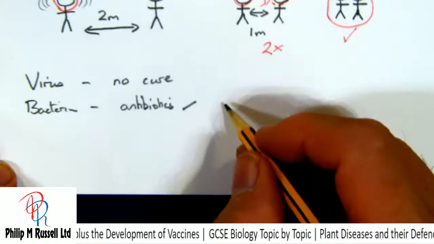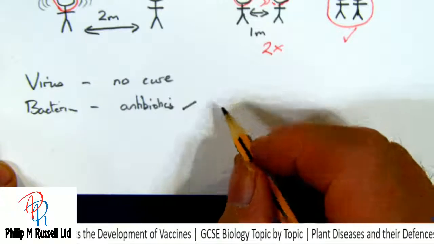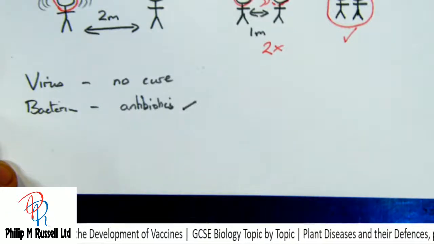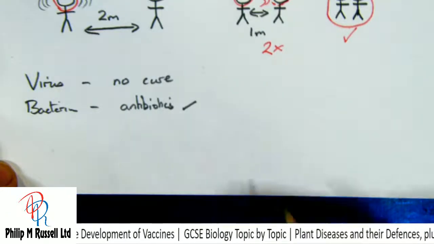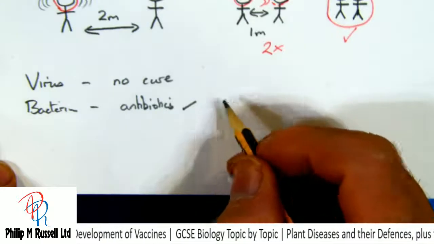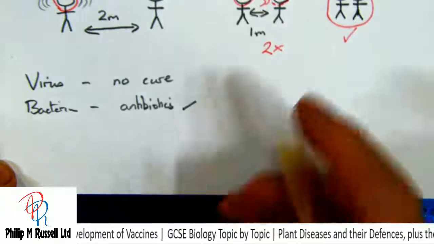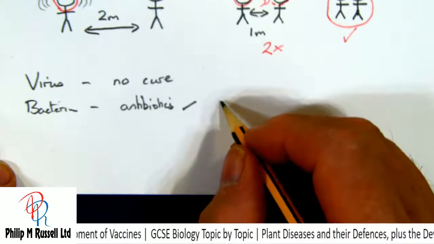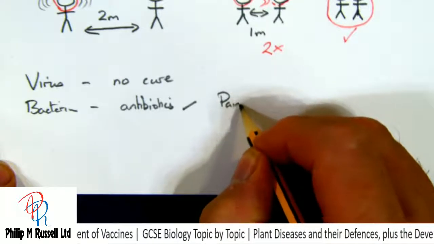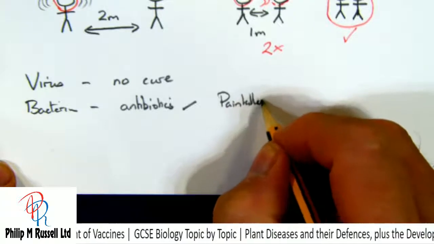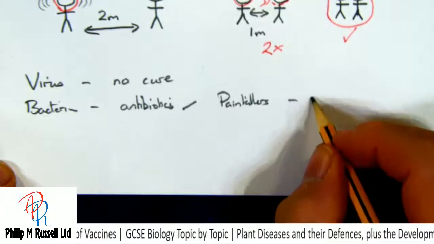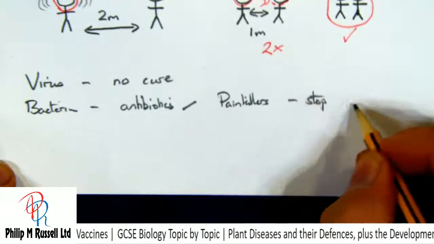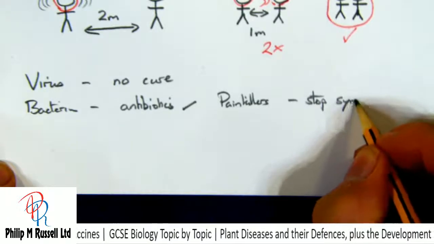Instead they go for something like ibuprofen or paracetamol. They go for these painkillers, and these simply stop the symptoms.